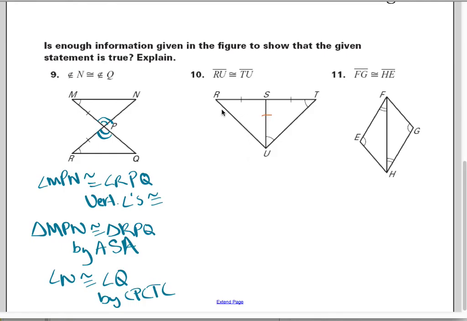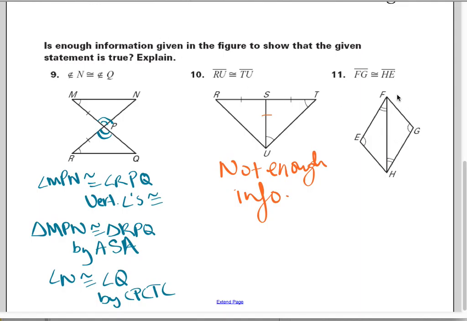And then I know that these triangles are going to be congruent, but I don't know if they're going to be congruent to these angles. So I can't know if these triangles are going to be congruent or not. So there's not enough information here. There's like too much going on in one triangle and not enough going on in the other triangle for us to be able to tell that they're congruent. So that one's not enough information.